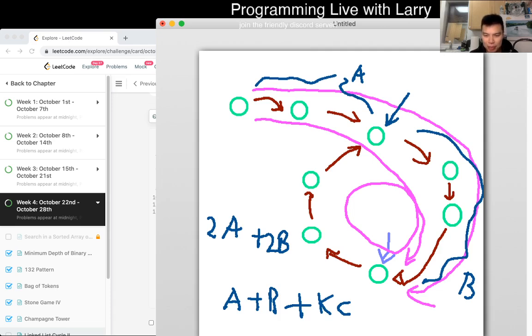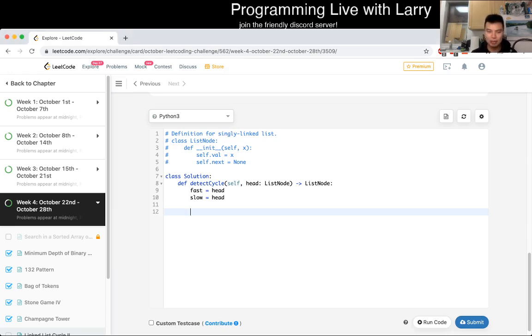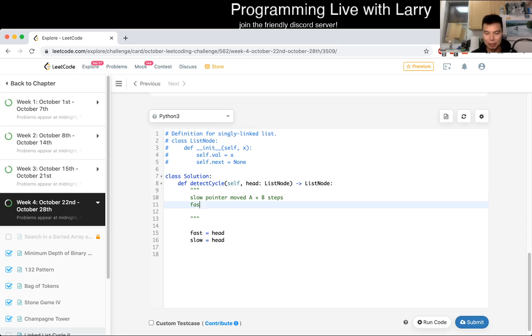Okay, so now that's enough for me to go back to the browser for a second. Now we have some formulas, right? The slow pointer moved A plus B steps. The fast pointer moved 2A plus 2B steps. That's by definition because it moved twice, but the fast pointer also moved A plus B plus some K times N, where K is the number of loops.